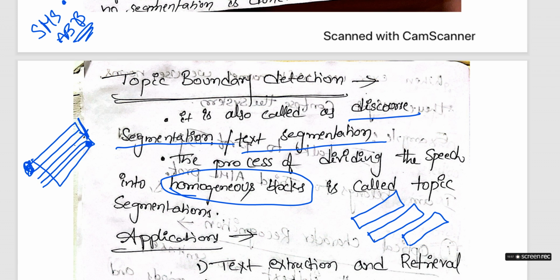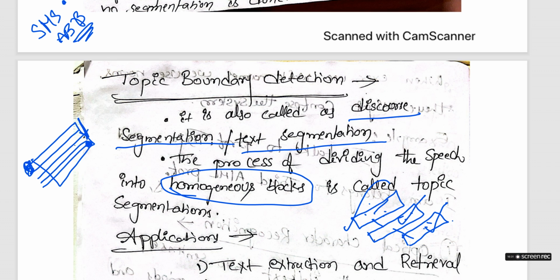So these are topics: one is your personal information, another is why you need a request or leave, and another is requesting for accepting our permission or accepting our leave. So this is nothing but topic boundary detection. Homogeneous elements, so one is related to this, one is related to that. Okay, this is nothing but topic boundary detection.